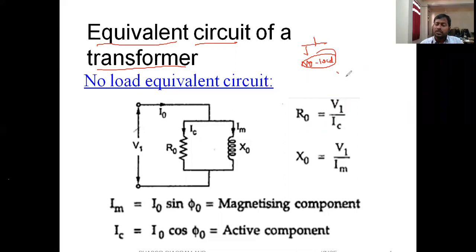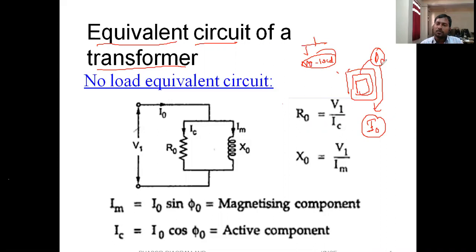Generally, in the transformer core, the flux is always constant. To produce the flux, the transformer draws current, that is I naught. This is always constant.